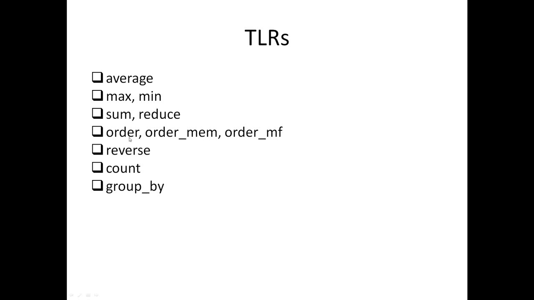We have order, which will just order objects based on the default less than operator or based on a custom comparator. We have then order_mem and order_mf, which are provided primarily for syntactic simplicity when you are ordering objects based on the value of a data member or the value returned by a member function.